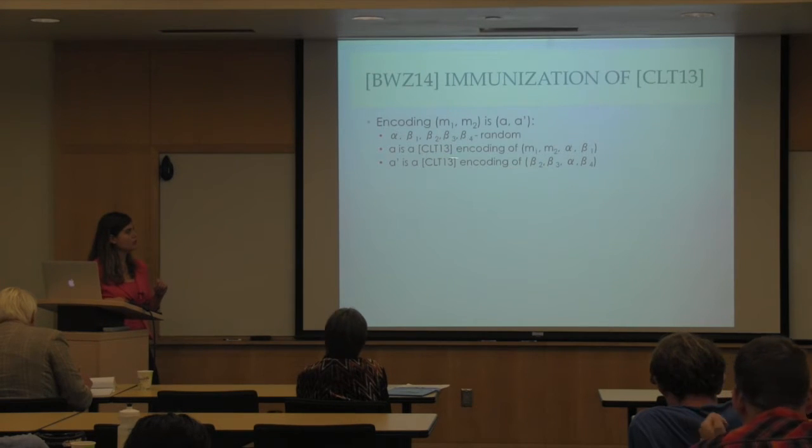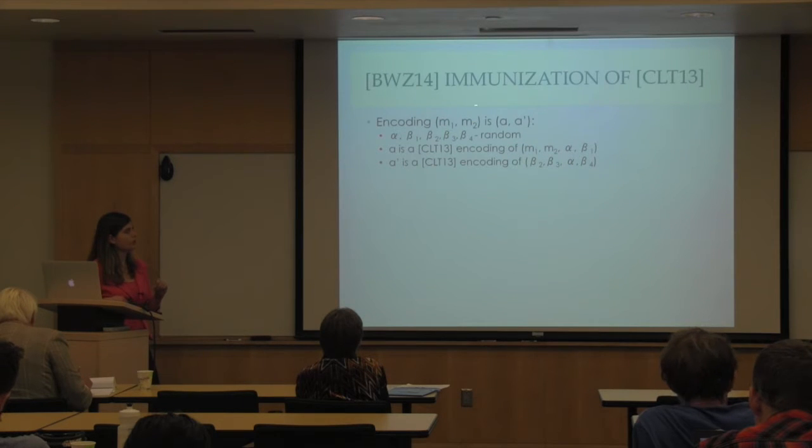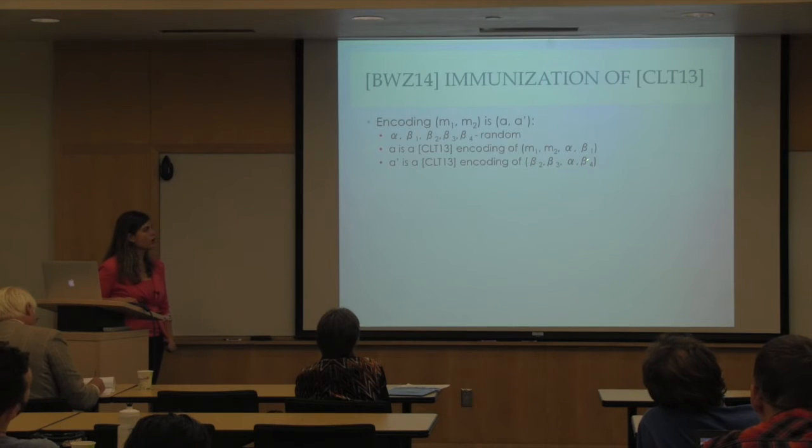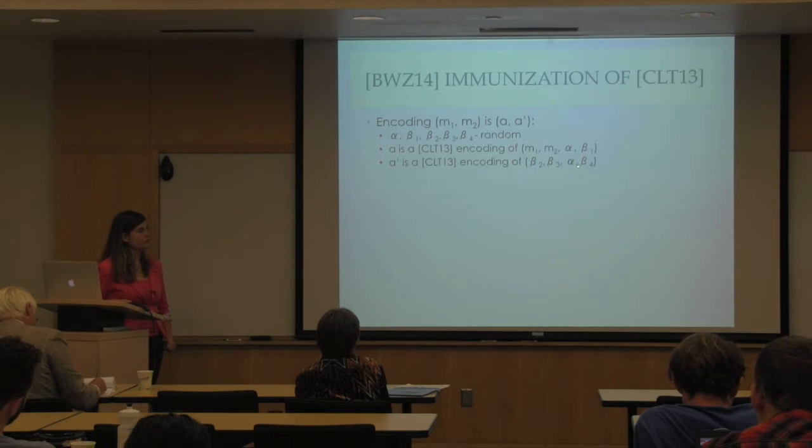So you will be encoding 2 new vectors, which are constructed from the values in the original message, together with these random values that you are sampling. We construct the vector that contains the original message, and then 2 of these random values at the last 2 positions, and we encode this using CLT13. Then we have a second value, which encodes this time all of the random values. And the important part is that the second to last component encodes in both A and A prime the same value.